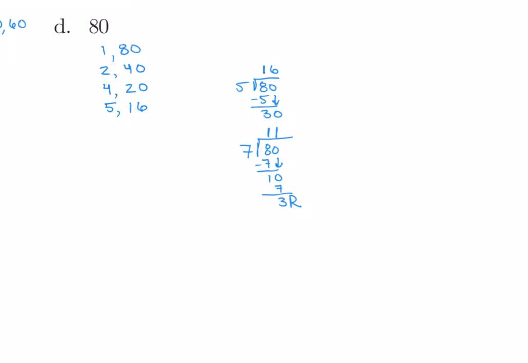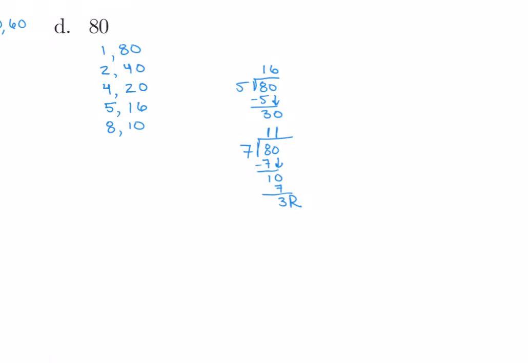Does 8 go into 80 evenly? Yes, it does. This is 8 times 10. And does 9 go into 80? The answer is no for that one as well. 8 plus 0 is 8. Is 8 divisible by 9? The answer is no, so it does not go into 80.